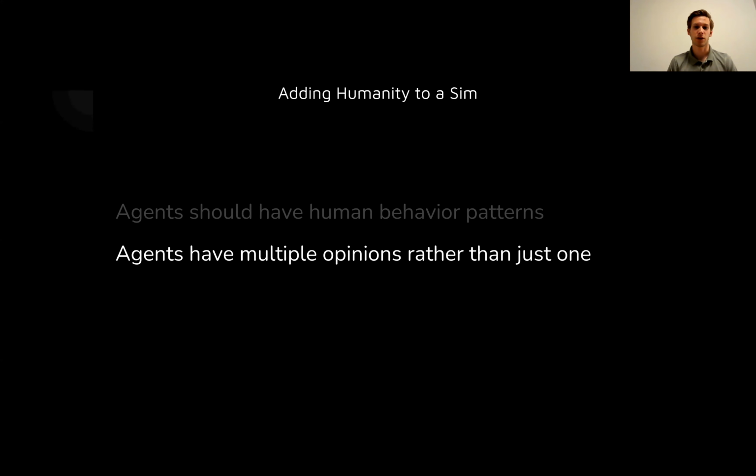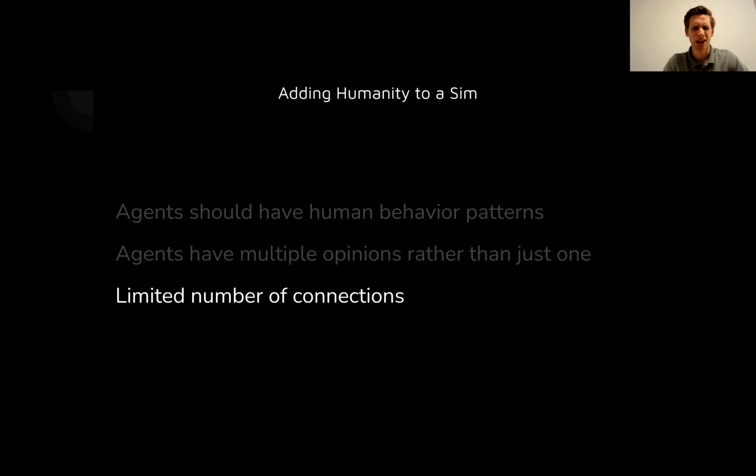For us, we thought that it would be more similar to real society if agents had multiple opinions rather than just one opinion. And those opinions also existed on a continuum from 0 to 1. So you could have an opinion that was 0.5 or 0.7 and have multiple opinions on different issues. And then the last thing was that we wanted to have agents with a limited number of social connections.